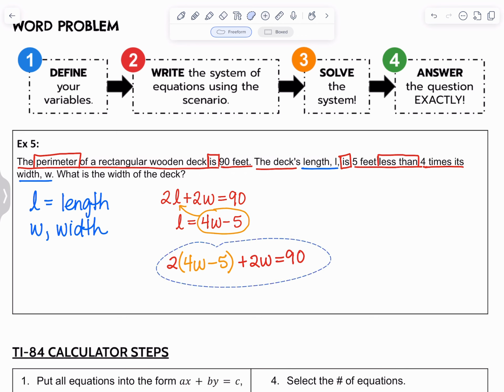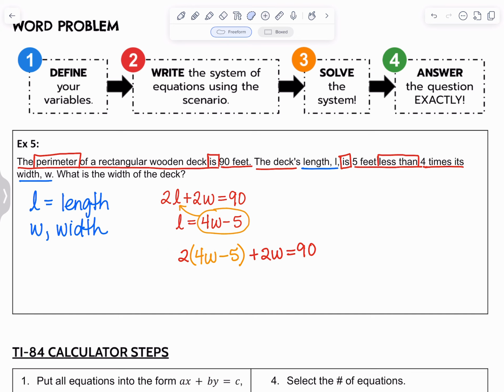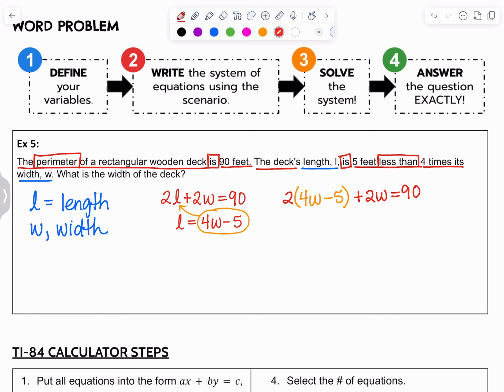All right. So when we do that, all we have to do is distribute. So that's going to be 8W minus 10 plus 2W is equal to 90.